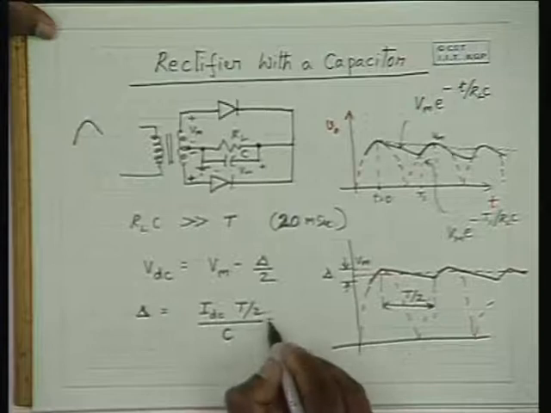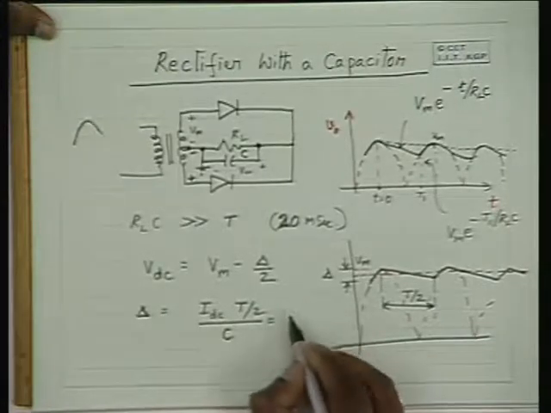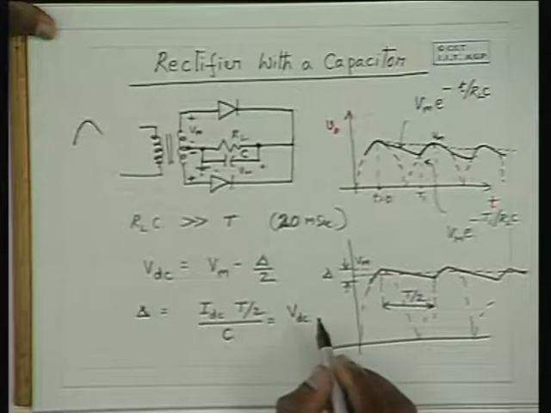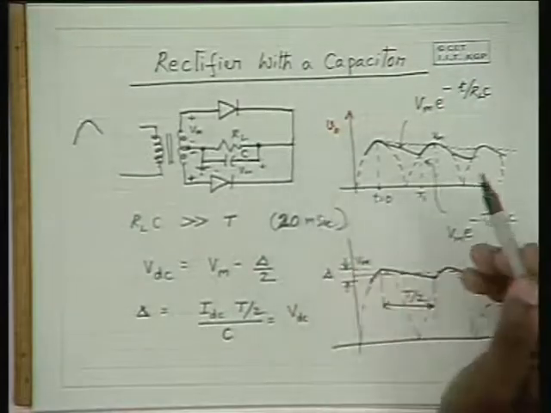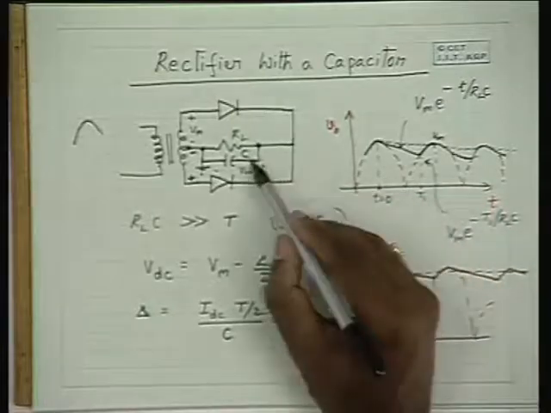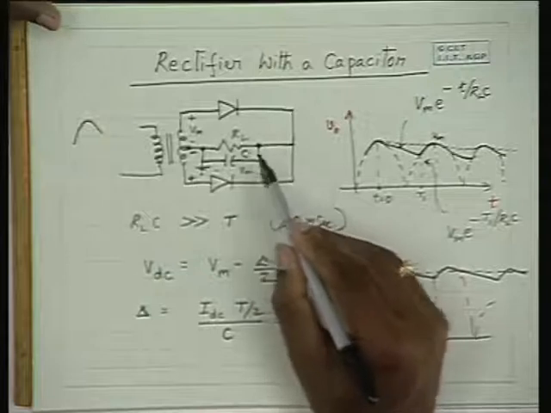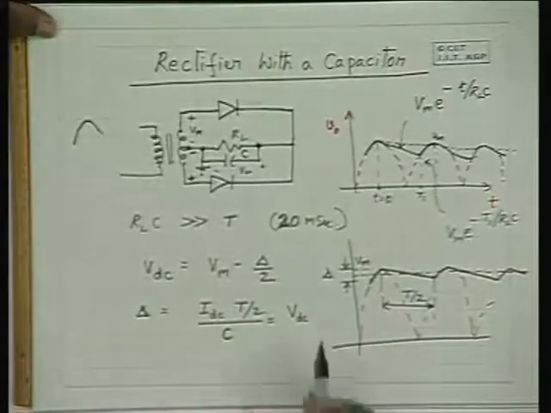And IDC is the average current, which is VDC by RL, because the current supplied by the capacitor is the load current itself. If the DC voltage is VDC, then VDC by RL is the average DC current passing through the load.